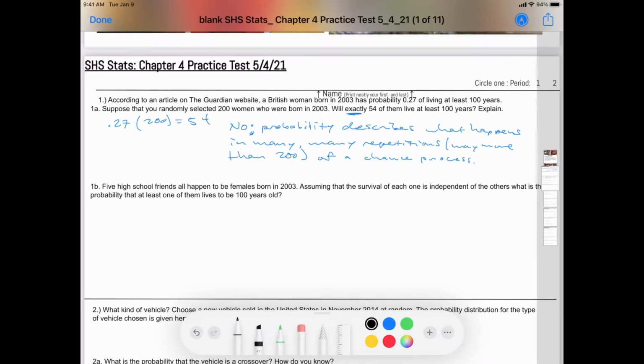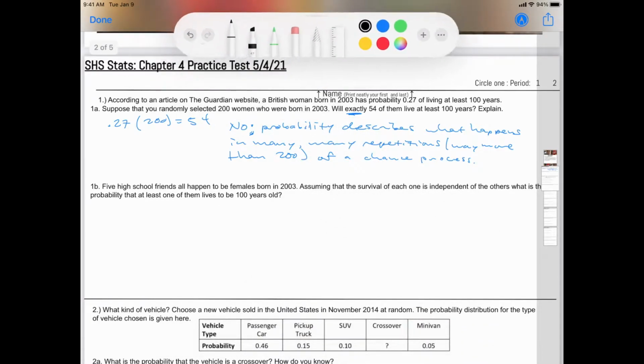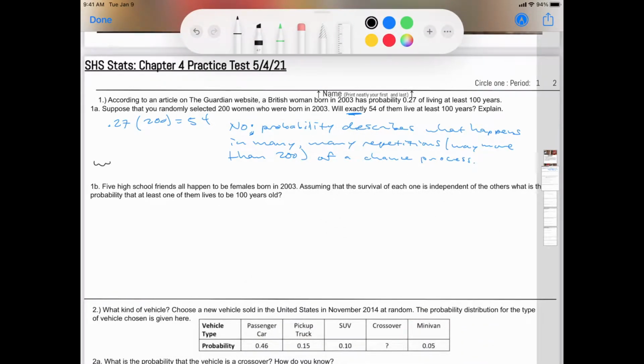And also to respond, we would expect to get, let me change my color, about or close to 54 women.